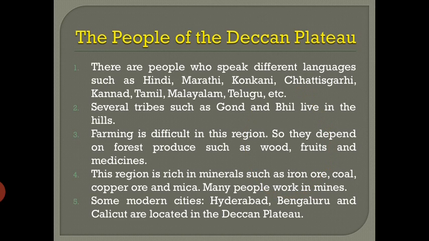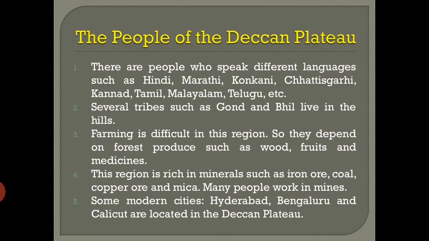So next, we can see here the people of the Deccan Plateau. There are people who speak different languages such as Hindi, Marathi, Konkani, Chhattisgarhi, Kannada, Tamil, Malayalam, Telugu, etc. Several tribes such as Gond and Bhil live in the hills.